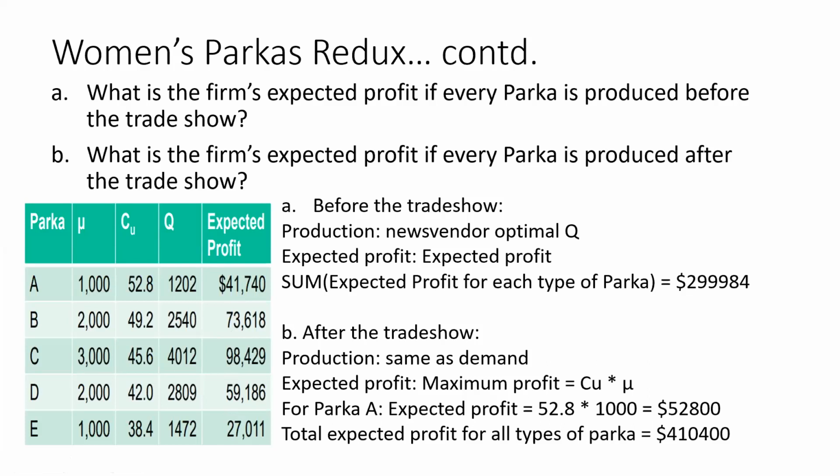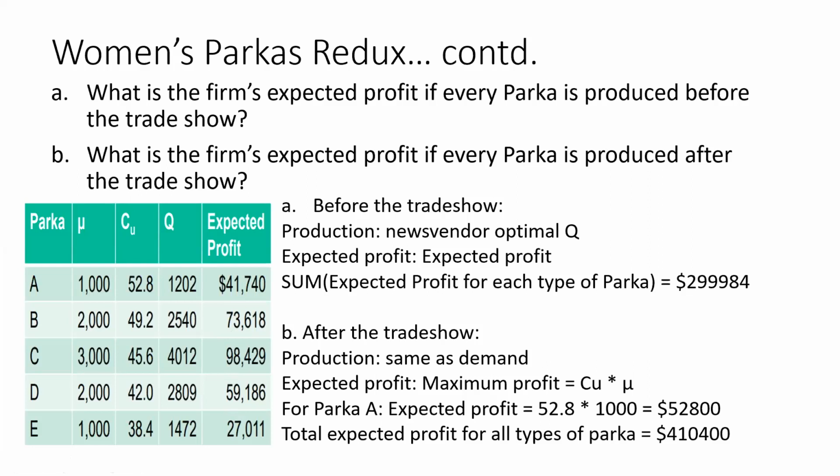The second question: what is the firm's expected profit if Aripaka is produced after the trade show? After the trade show, the firm has the maximum profit. The maximum profit is equal to CU times mu.